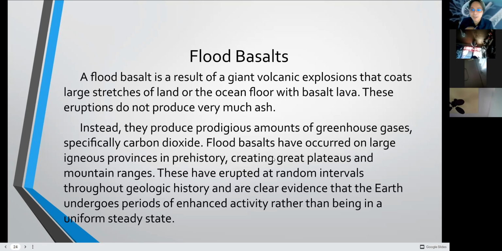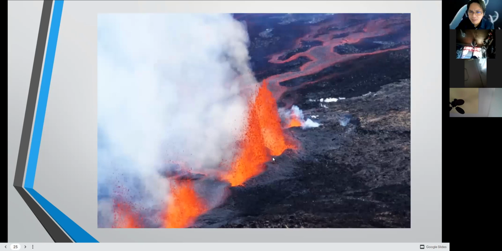Okay, let's move now to the next topic. This is actually a common flood basalt. As you can see, it actually creates a huge amount of gas, carbon dioxide. And of course, this carbon dioxide, take note, can actually harm your lungs. This is very, very harmful when we're talking about toxicity.